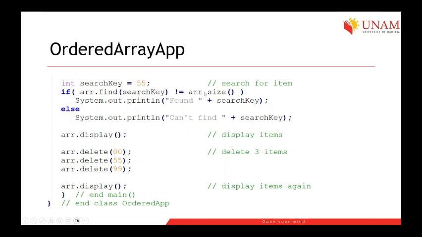But if it is not equal to the array size, we know that the search key is in the array. So this invokes the find function that will tell us whether the element is found or not. Then we can display the contents of the array. We can even call method delete to remove some items and display the contents of the array again.